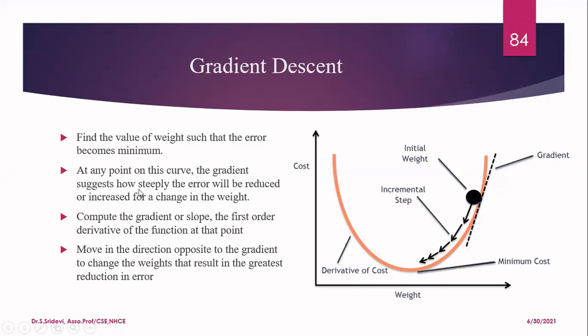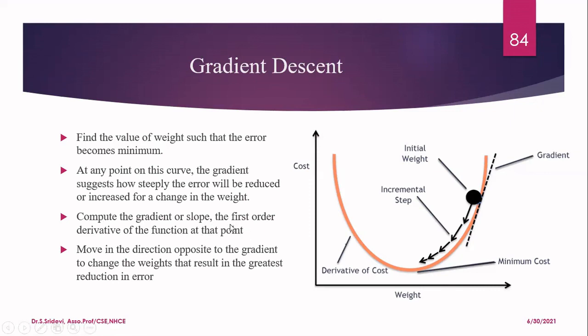This gradient is nothing but the slope of this particular curve. For this curve, you take the slope at this particular weight value. At any point on the curve, for a particular weight value, you can calculate the slope, which is called the gradient. That is going to tell you by how much you can reduce the error. So compute the gradient or slope, which is the first order derivative of the function at that particular point.